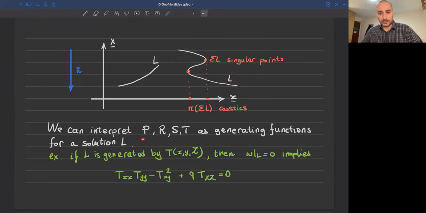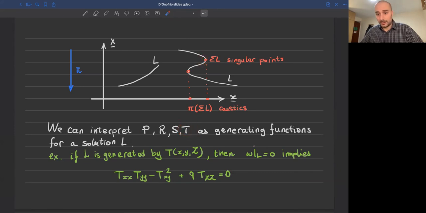And it turns out that the dual potentials recognized by Chenoweth and Sewell can indeed be interpreted as generating functions in this context. Generating functions which locally describe a generalized solution. Now, if we pick one of them, for example, T, let's assume that this piece of solution is locally described by this generating function.